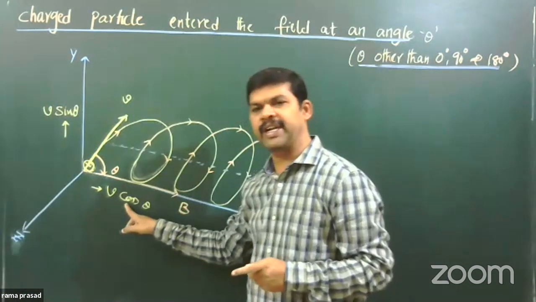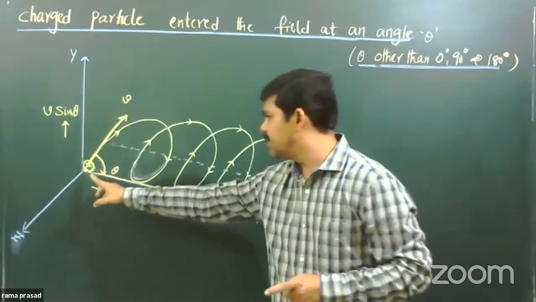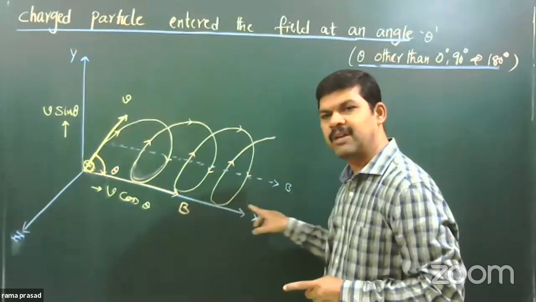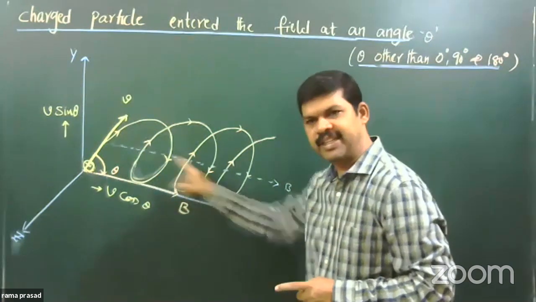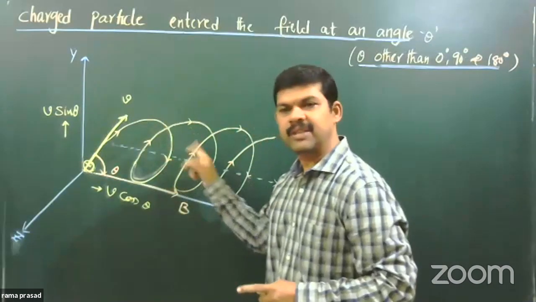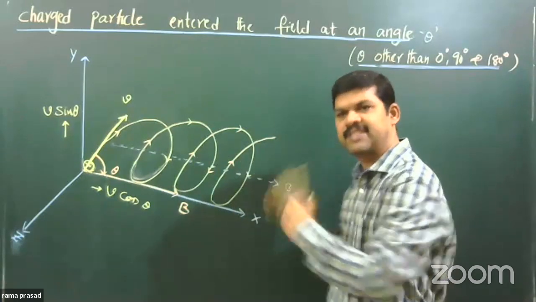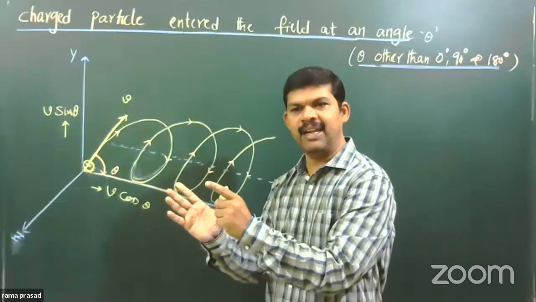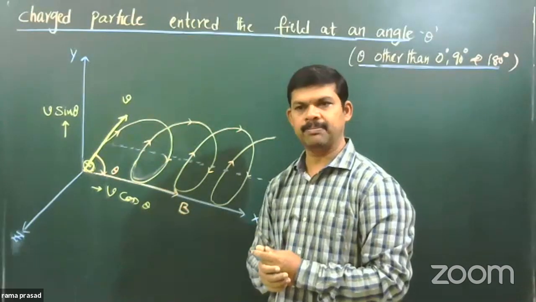This is the component which is responsible for translation. The speed is acting in this direction, along the direction of the field. So due to this component, it translates, it moves forward. Due to this component, it rotates. As a result, it rotates as well as translates. That combinedly gives you a helical path for the particle. Okay.